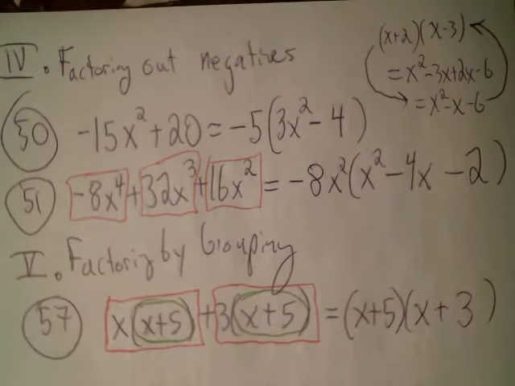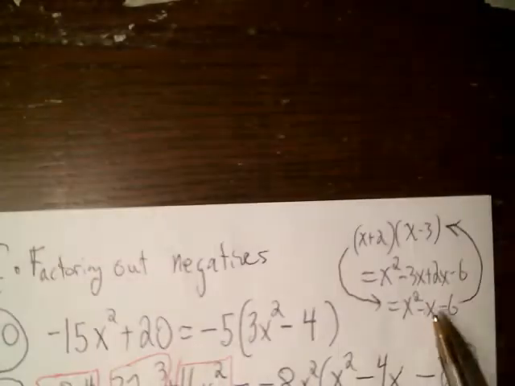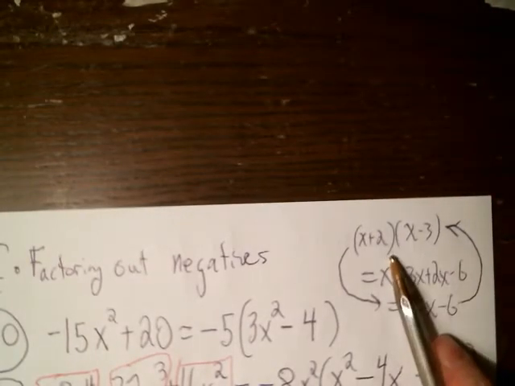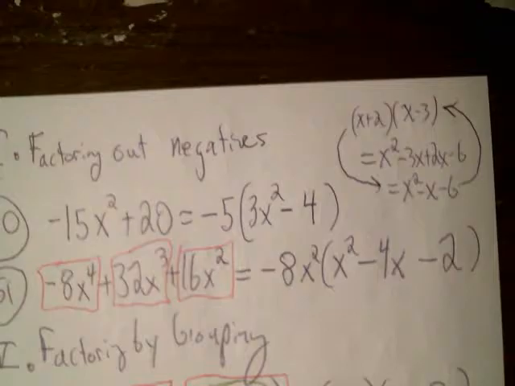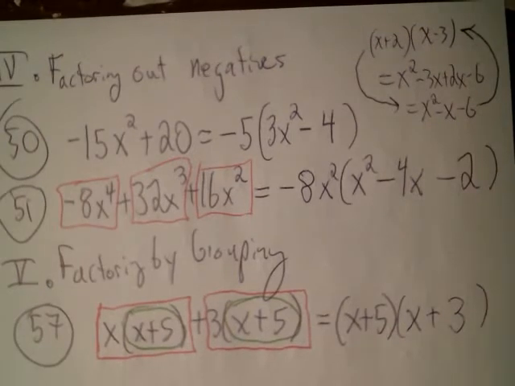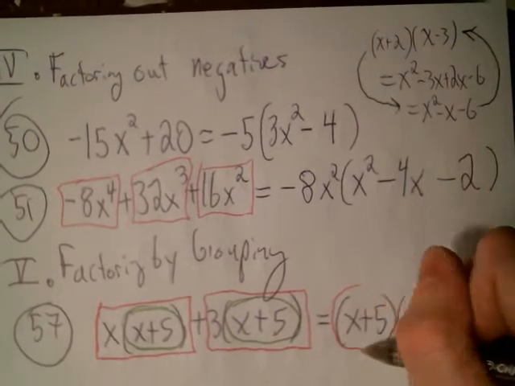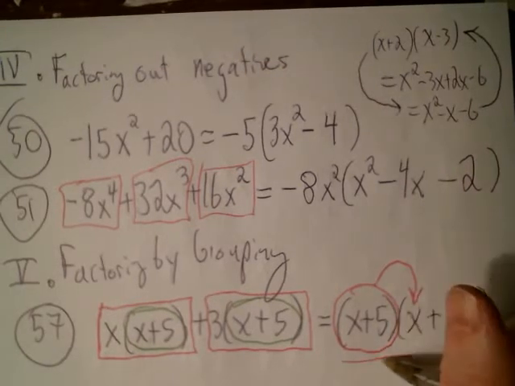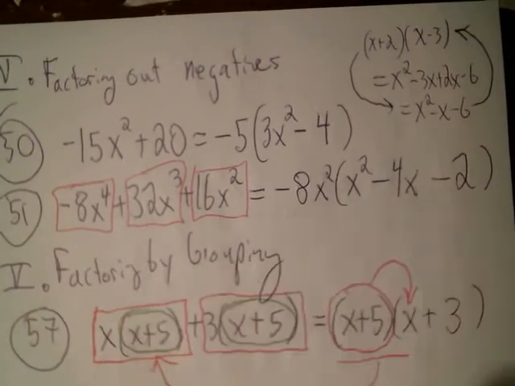Okay, so in a way, what we're doing, like I said, is we're kind of trying to end up at the position where you would have normally done a FOIL. And that's pretty much it. And look, if you redistributed this thing, this whole thing times x is going to give you this first term here.